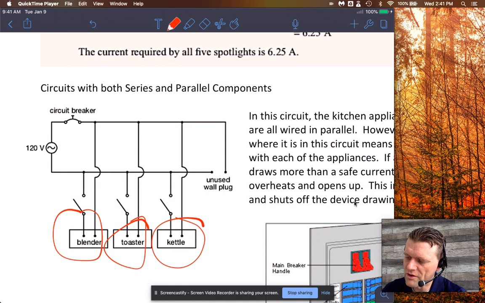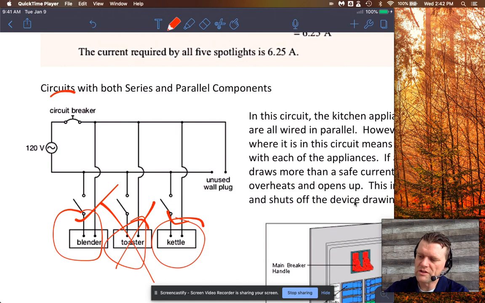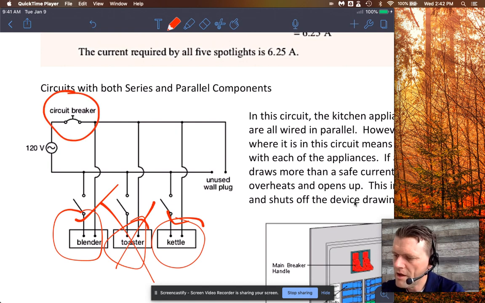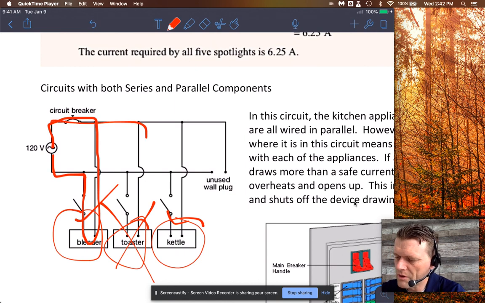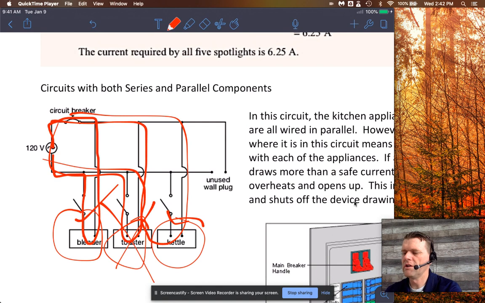Like if you unplugged the toaster, or if the toaster failed, then the blender and the kettle could still work. But what's clever about this design is they all run through a circuit breaker. Okay, so if you're running the pathways, it doesn't say which one's negative or positive, but this one would go this way, and if you close the switch, this one would go this way, and then this one goes this way, and so on and so on.